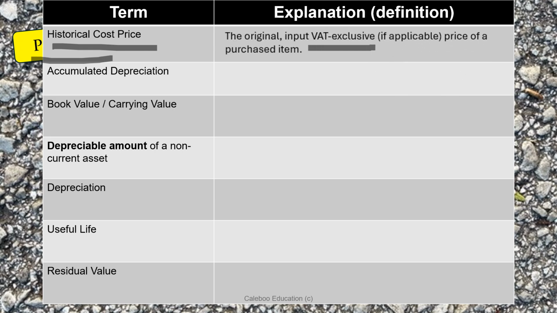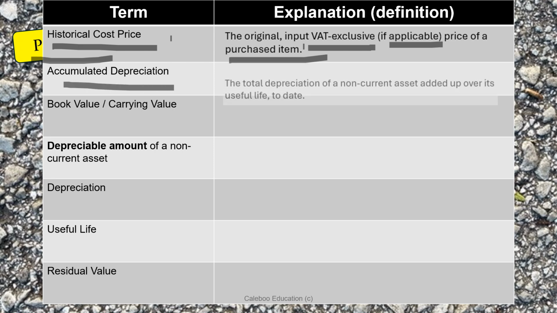The original price of a purchased item, excluding VAT, if VAT was applicable. But it's the original cost price of a non-current asset. Well, it could have been a current asset as well. But historical cost price, the original cost price.